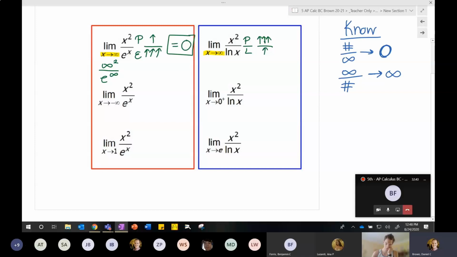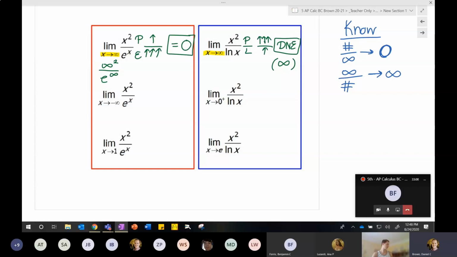Well, if the bigger infinity is on top, what do you think that fraction is going to go to overall? Infinity. And if a limit is going towards infinity, what do we say it is? Does not exist. So a short way to think of this: big infinity on the bottom, the limit is 0. Big infinity up top, the limit would be DNE.